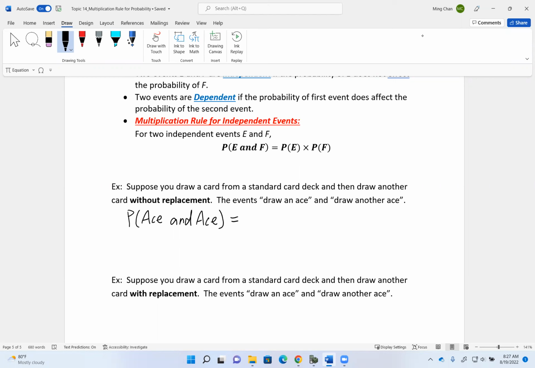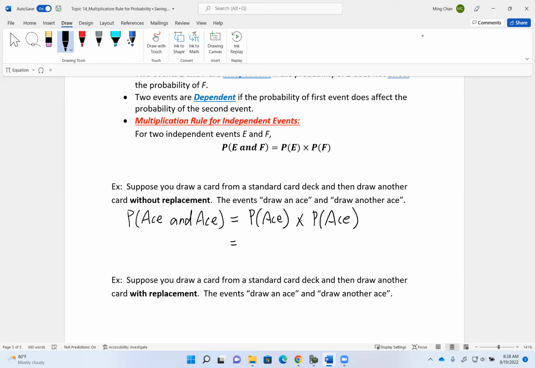So these two events are dependent on each other. So let's think about this. By the rule, with the word "and," we will multiply. Because the two events are dependent, then what's going to be affected is the second event.